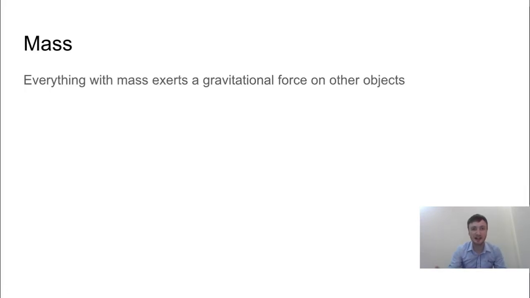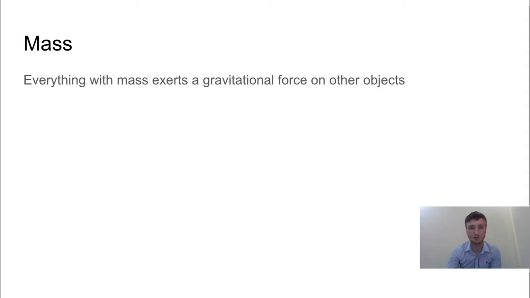But actually, everything with mass exerts a gravitational force on other objects. So exerts just means it applies that gravitational force on other objects, pulls them in. So everything with a mass has a gravitational force on other objects.